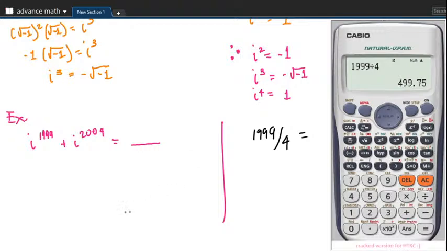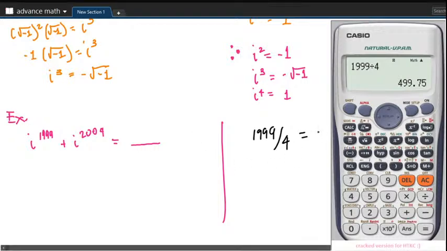Then the 0.75, we will multiply that by 4.